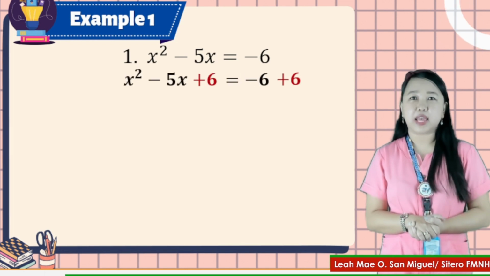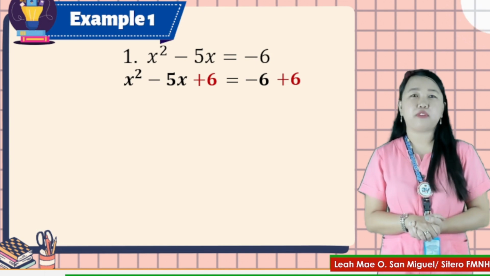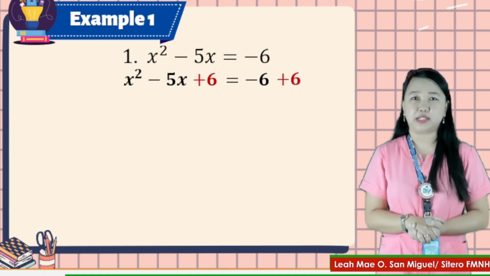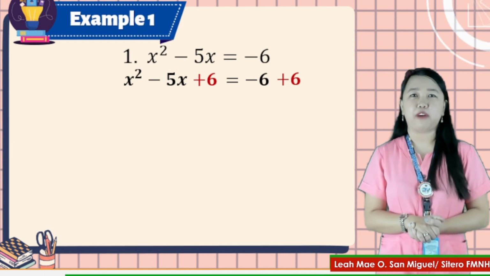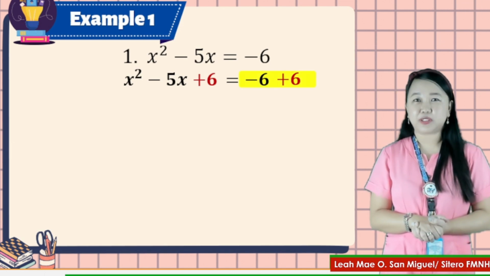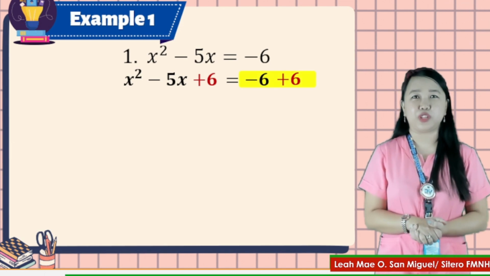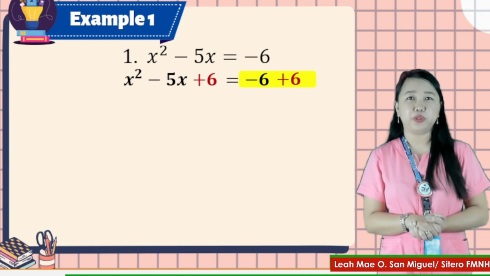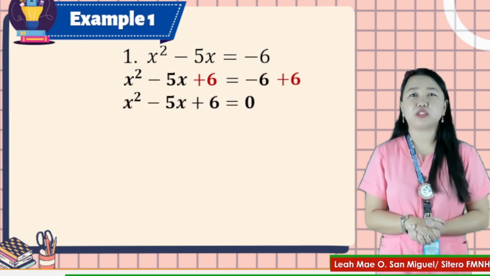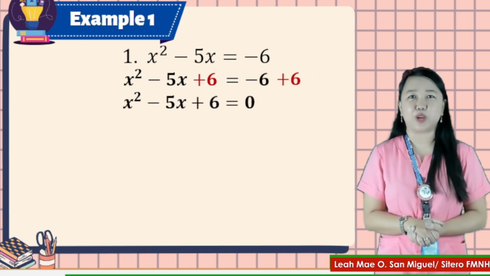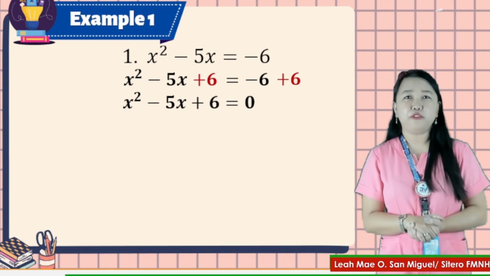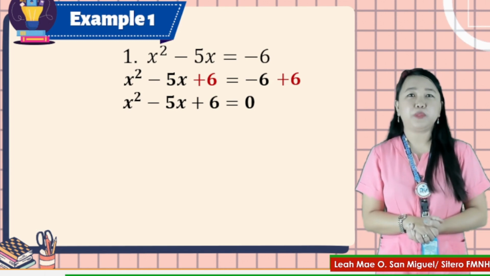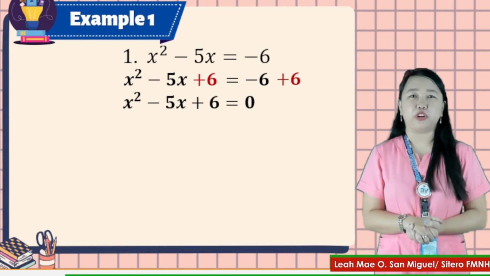This gives us x squared minus 5x plus 6 is equal to negative 6 plus 6. Then, simplify. Negative 6 plus 6 is equal to 0, which results to x squared minus 5x plus 6 is equal to 0. Solve the roots of the equation obtained using any of the methods.